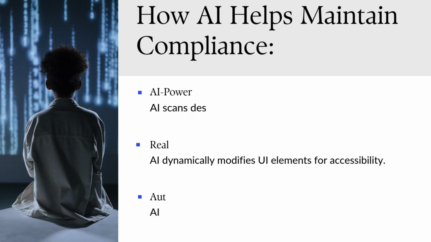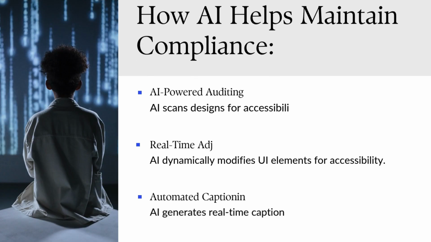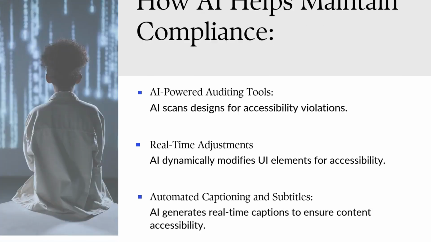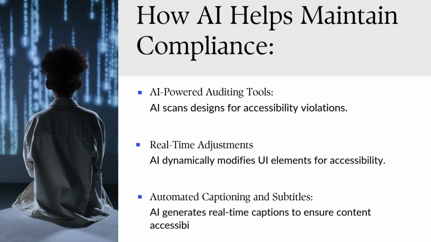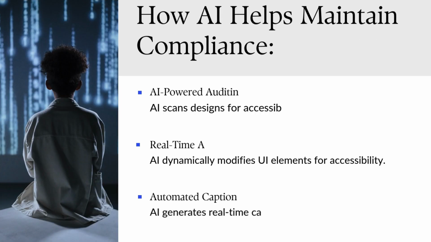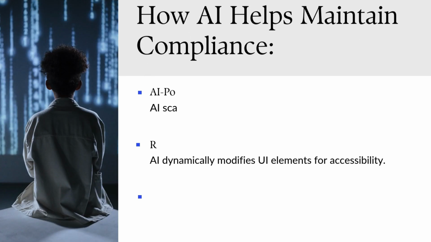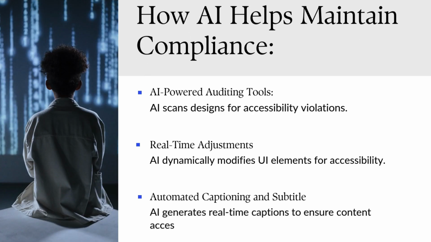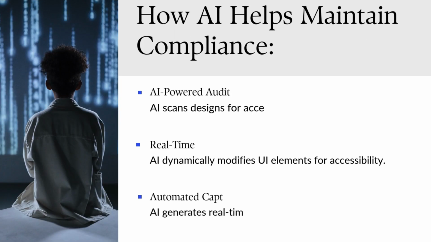First, we have what we call the AI powered auditing tools. With these, AI scans designs for accessibility violations. Next on our list, we have what we call the real-time adjustment. With this, AI dynamically modifies UI elements for accessibility.